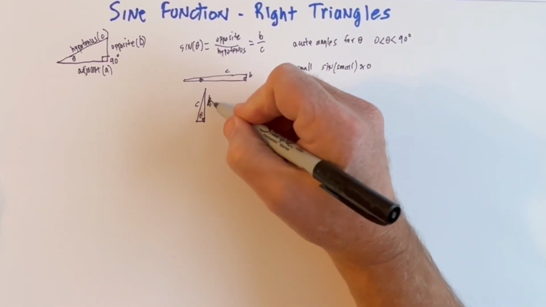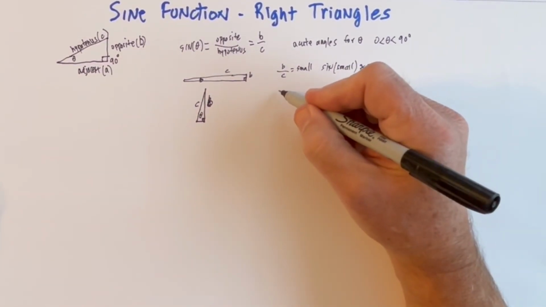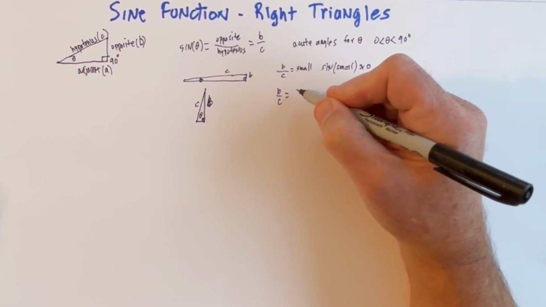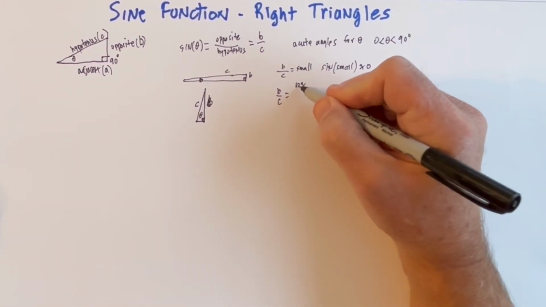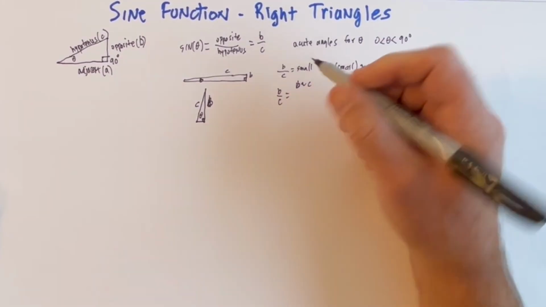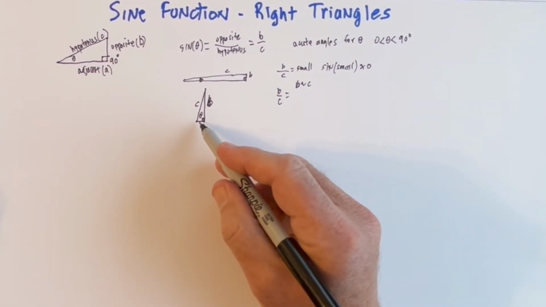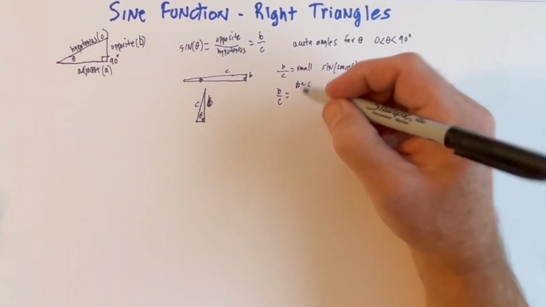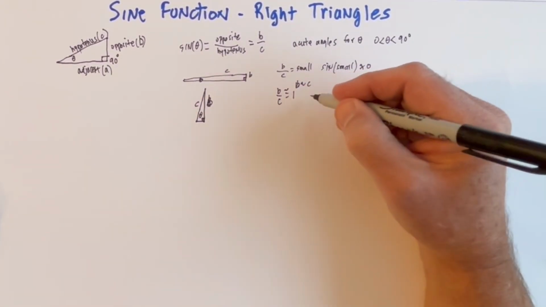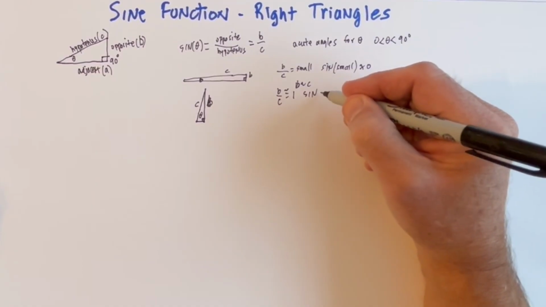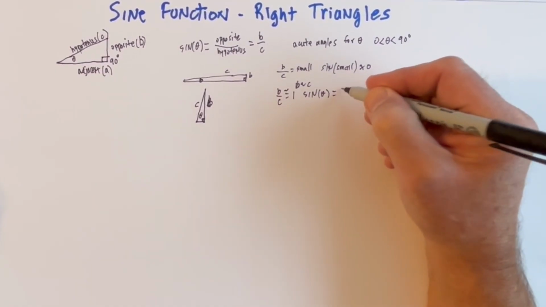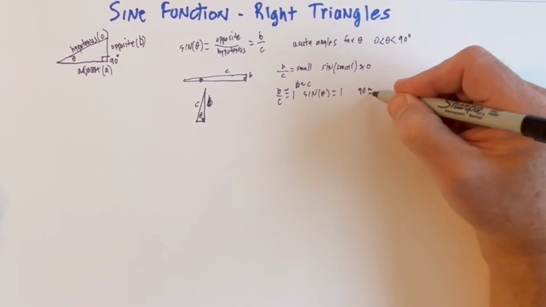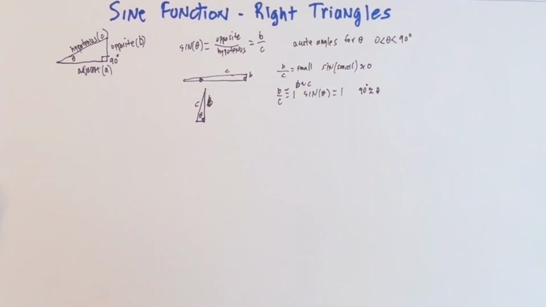In this case, we've got B over C, and they're pretty close to equal, because as this angle gets very large, they become virtually equal. So this is going to be approximately 1. So the sine of theta is going to be approximately 1, for angles approaching 90 degrees.